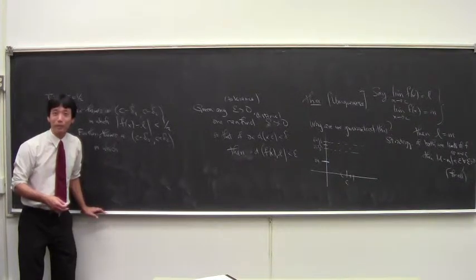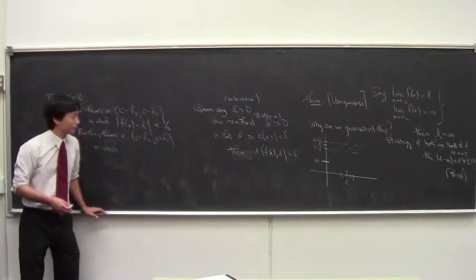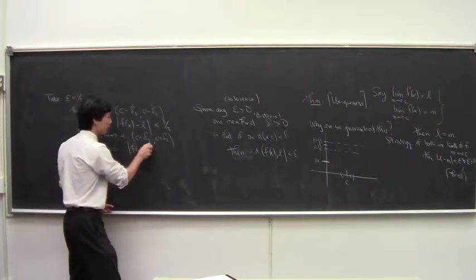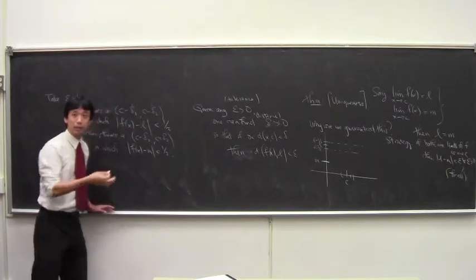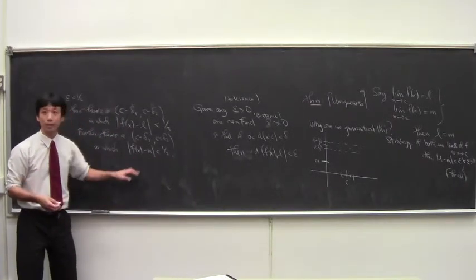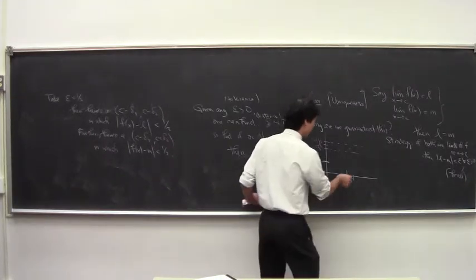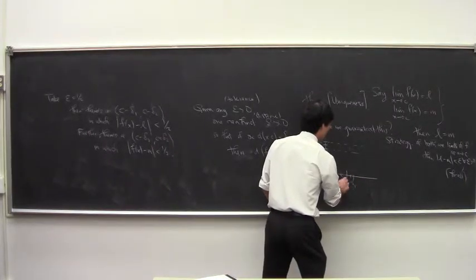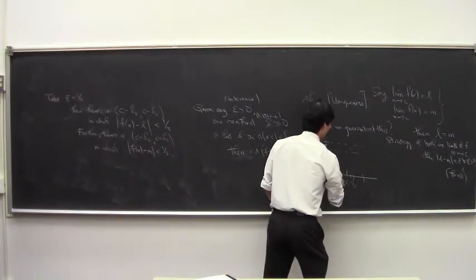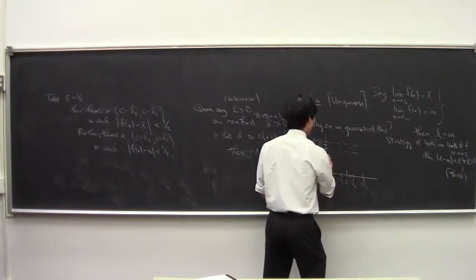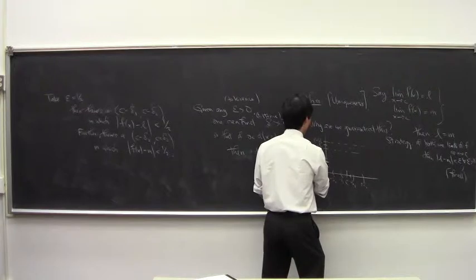Can anyone guess? Joey: In which the absolute value of f of x minus M. Yeah, great. There's going to be a place where everybody in that interval lies within a half of M. All their outputs lie within a half of M. So there's some interval plus or minus delta 1, and also some interval plus or minus delta 2, in which everybody lies within a half of M.